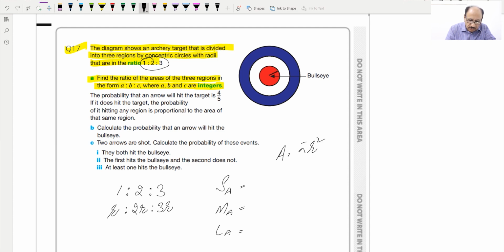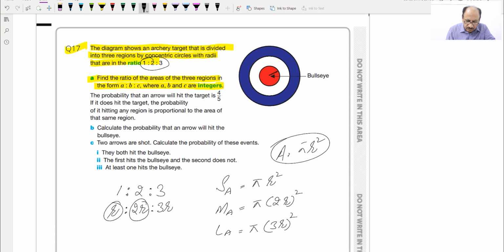So in this formula we will be replacing, so first will be pi r squared and second will be pi into 2r squared, and for 3r we can write pi into 3r squared, and these 2 circles will be including the inner circles. I'm writing it for you.